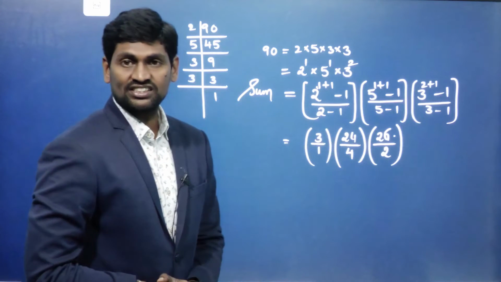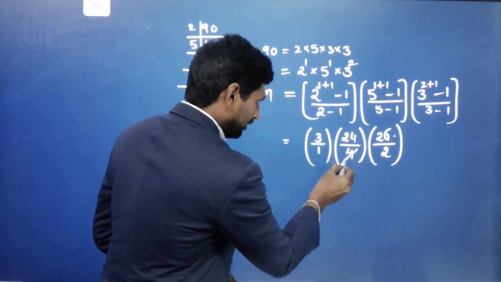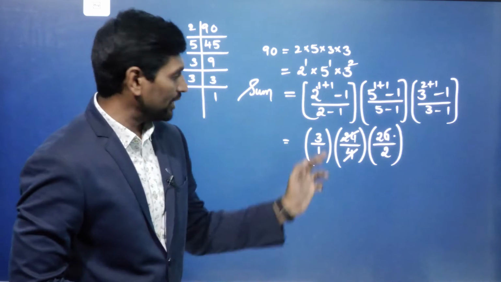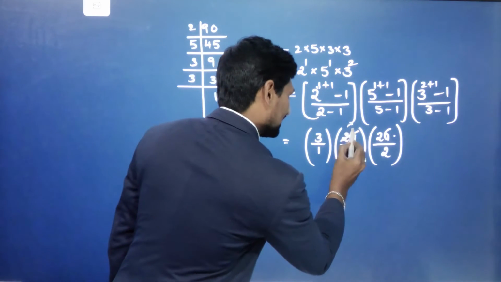Any other cancellations here? Yes. Denominator 4, in numerator 24, how many times? Exactly 6 times.